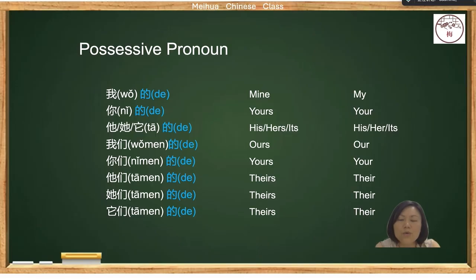So after this, usually a noun is following. So we have a different set of words for possessive pronoun or possessive adjective. But in Chinese, these two concepts are actually the same. We use the same form to express both the possessive pronoun and the possessive adjective.